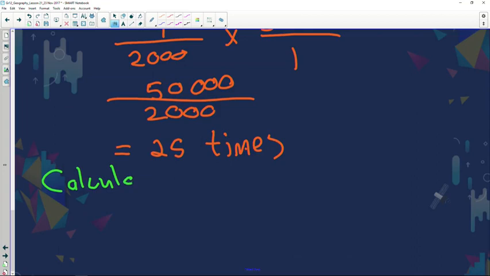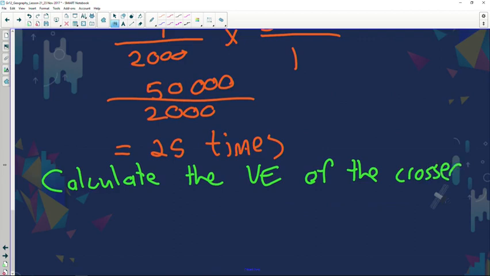I'm going to do another one just to make 100% sure that you understand. Now let's assume the cross section was on the orthophoto. And I state, calculate the vertical exaggeration of the cross section. Now keep in mind, let's assume this cross section was on the orthophoto.